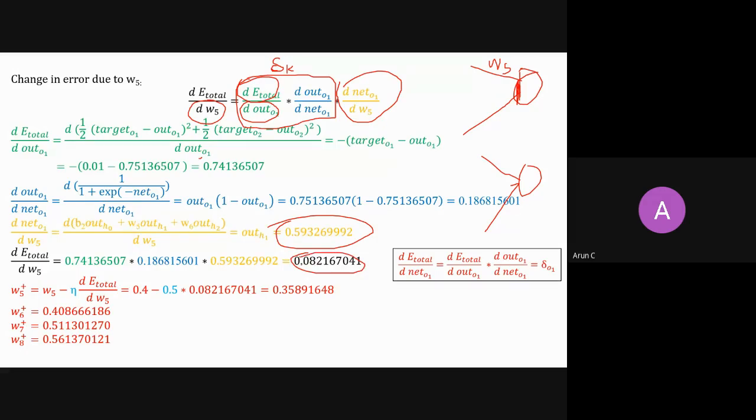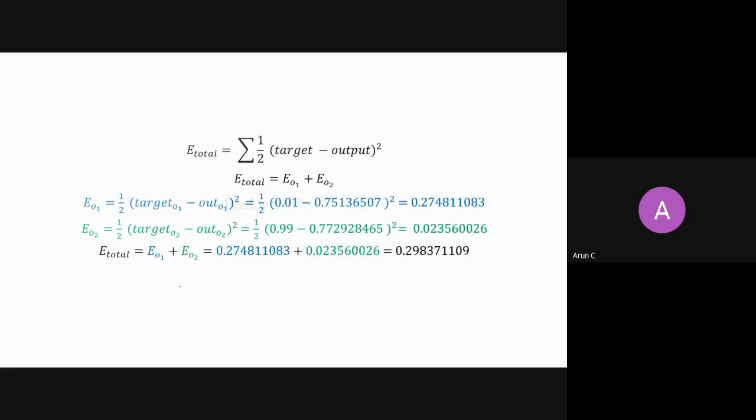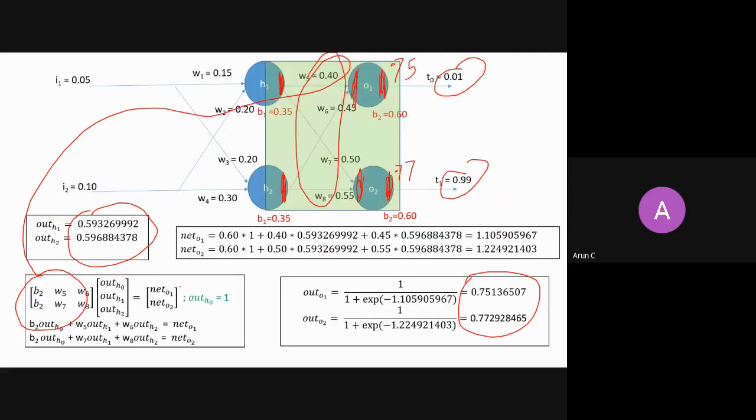If this is the derivative, the actual weight was what? The actual weight for W5 is 0.40, right?